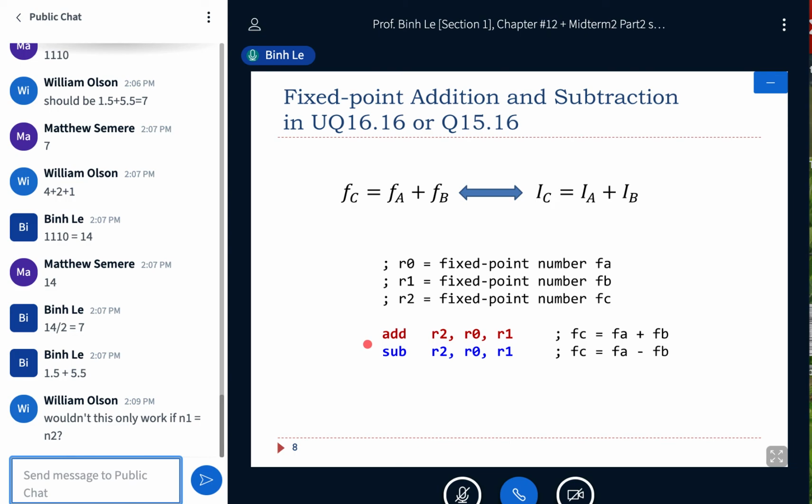At least for addition and subtraction, we go ahead and do as normal, using the same instructions as for integers, and it will work out okay. But how about multiplication and division? Maybe we need to modify a little bit. It will not be that nice anymore. We will modify something, so next Monday we will talk about that.